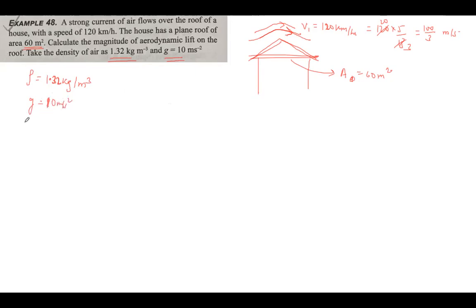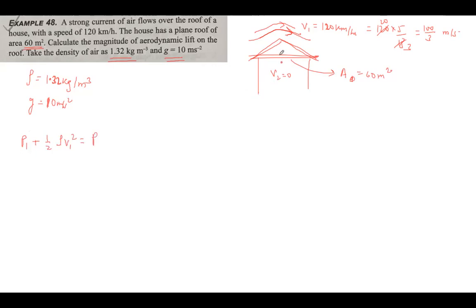Now inside the room, the velocity of air is zero. Outside the room on the top, the speed is 100 by 3 meter per second. Now by Bernoulli's theorem, P1 plus half rho V1 square, both are at the same level.